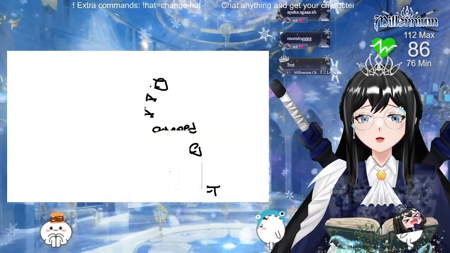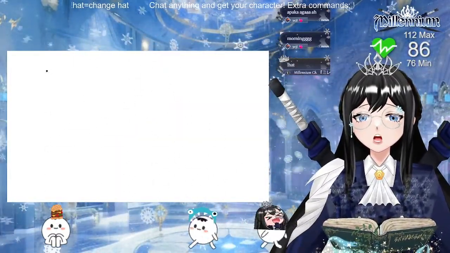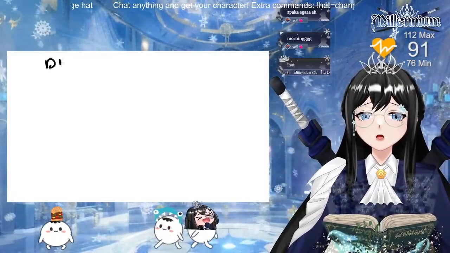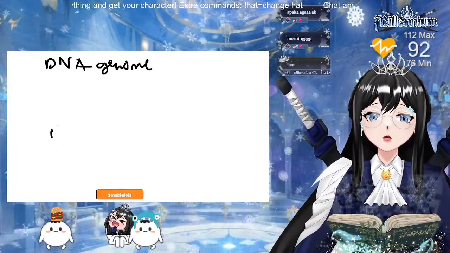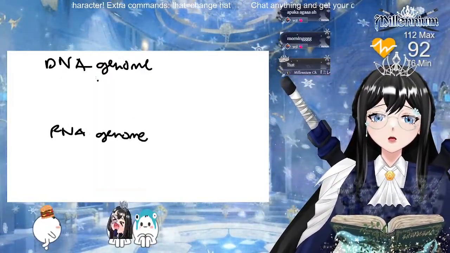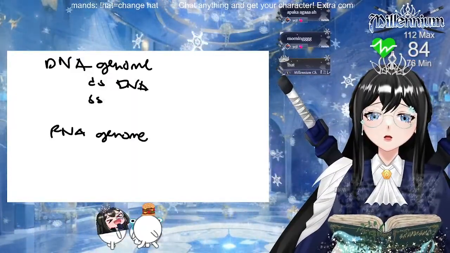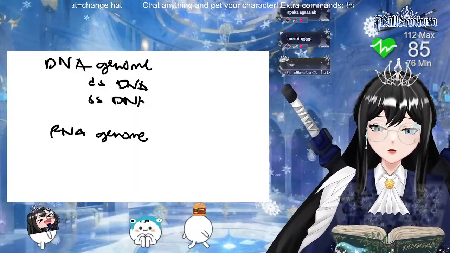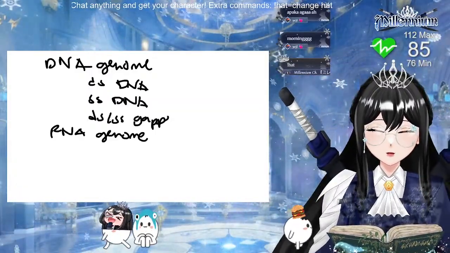Anyway, let's write it again. You have DNA genome viruses and RNA genome viruses. You have dsDNA, ssDNA, and then ds/ss gapped DNA.